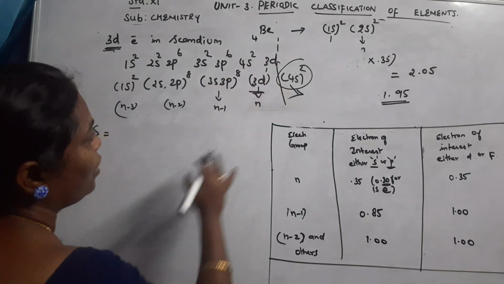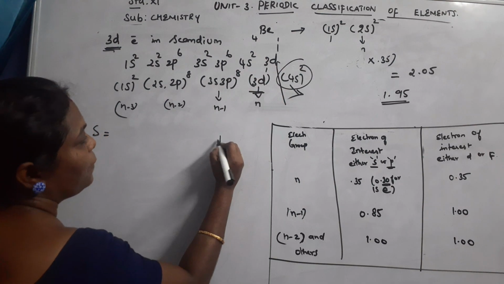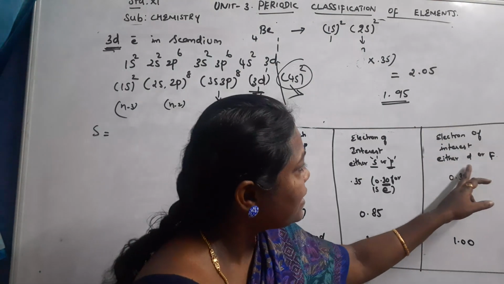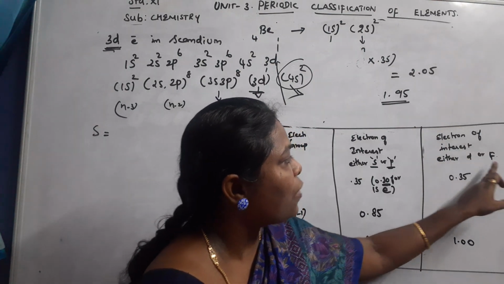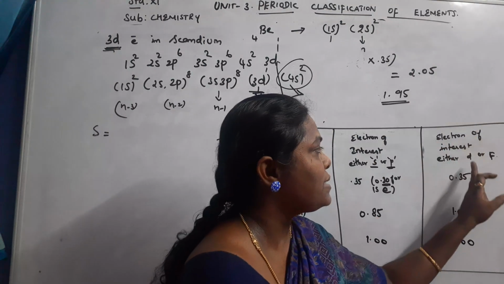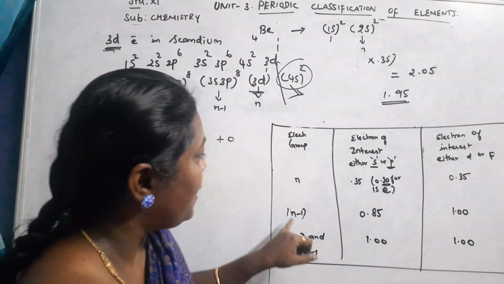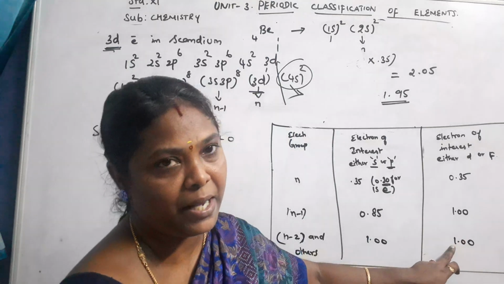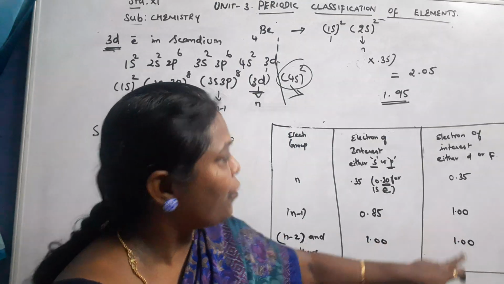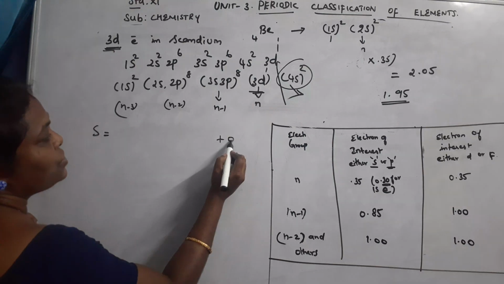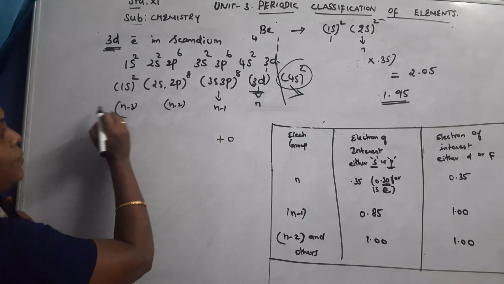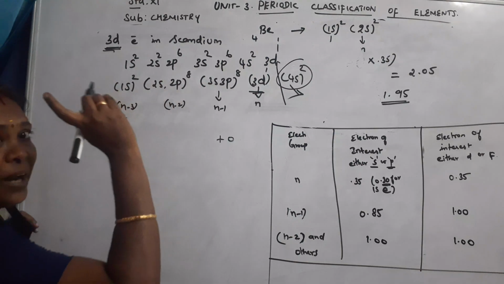Here, for the nth shell there are no other electrons, so 0 plus n minus 1. Listen carefully: for a d or f electron of interest, the n minus 1 and n minus 2 and other shells should be multiplied by 1 only. So we put 0 for the n shell, and for n minus 1 and all the other shells, each electron contributes a value of 1 only.